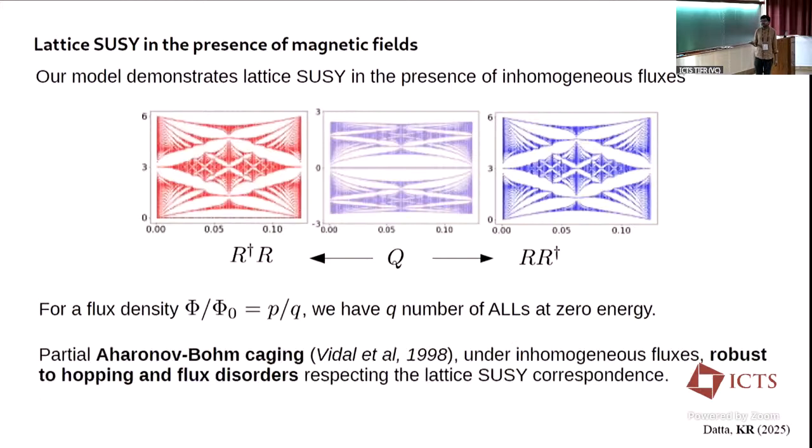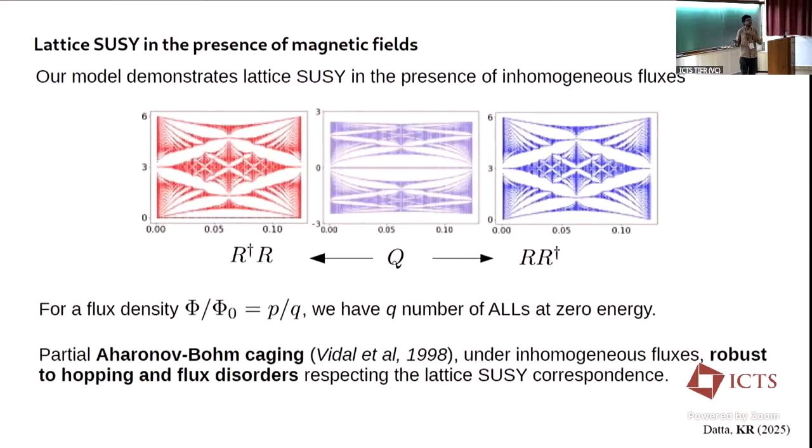Another point to mention is that we find the phenomenon of a partial Aharonov-Bohm caging, which was initially proposed by, I think, Benoit and Julien. They're all there in the audience. But one important distinction is that for them it was a uniform spatial flux distribution, and what they found is that all bands are flat.